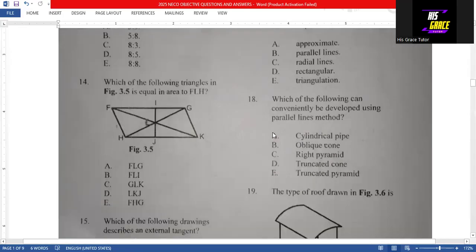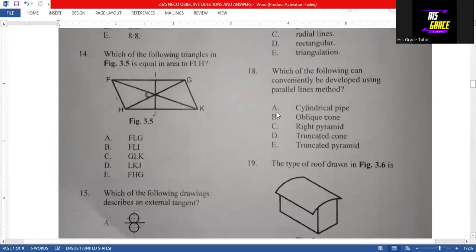Then go to question 18 that says, which of the following can conveniently be developed using parallel lines method? For this, we have a cylindrical pipe.